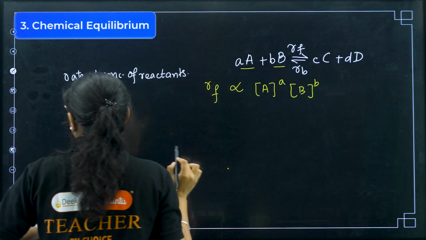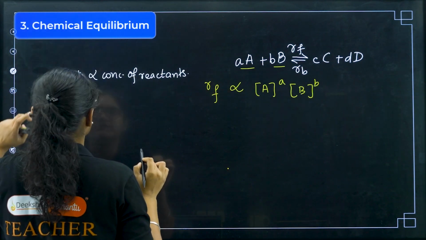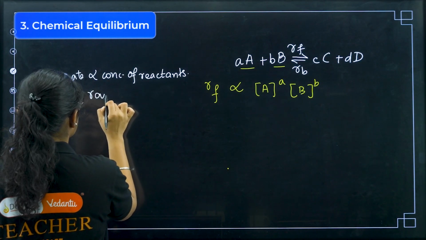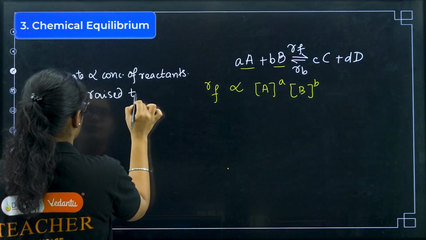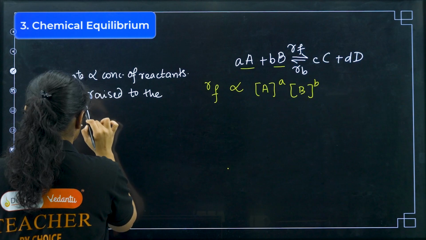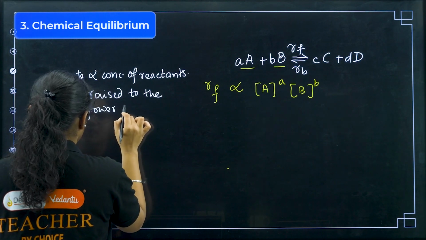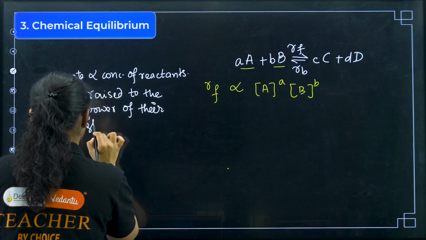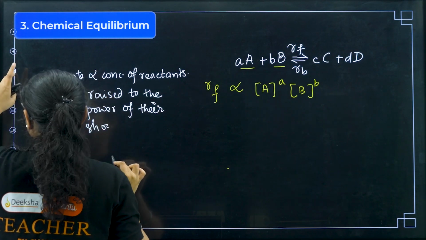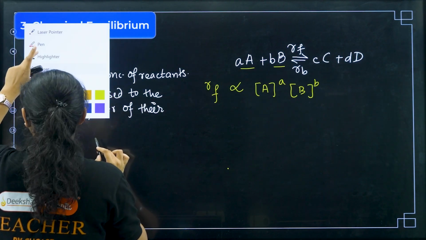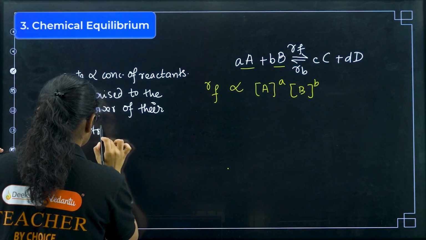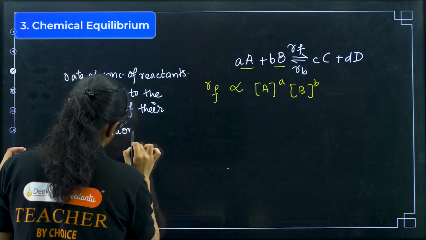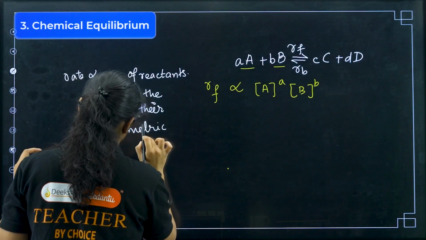Rate is proportional to the concentration of the reactants raised to the power of their stoichiometric coefficients.